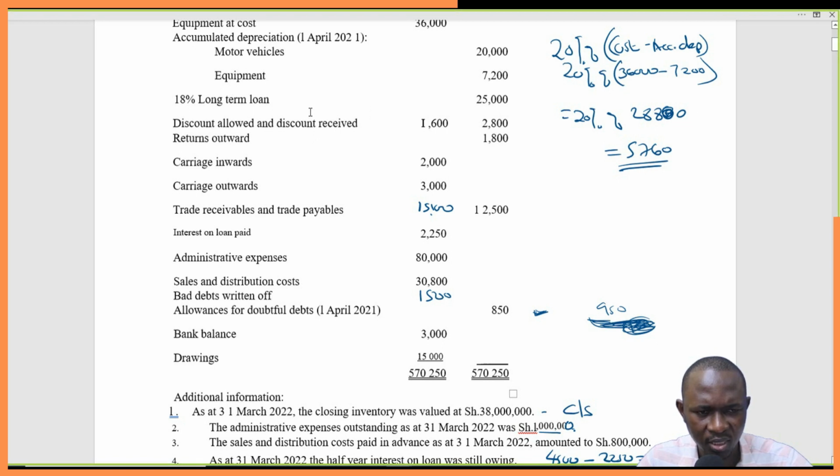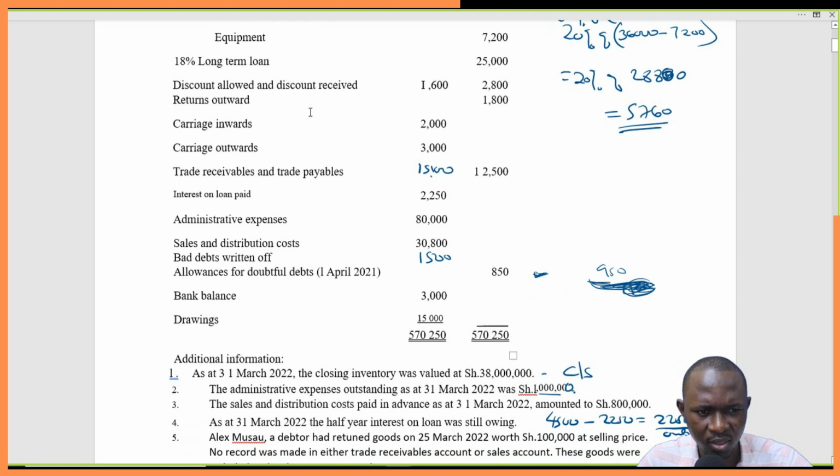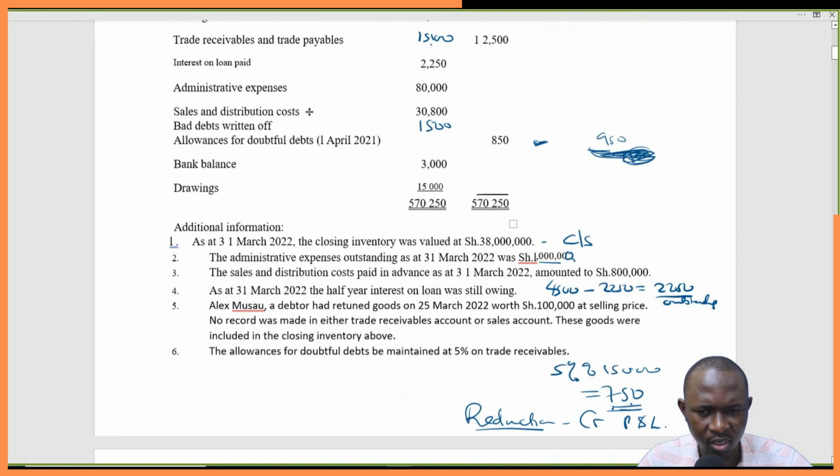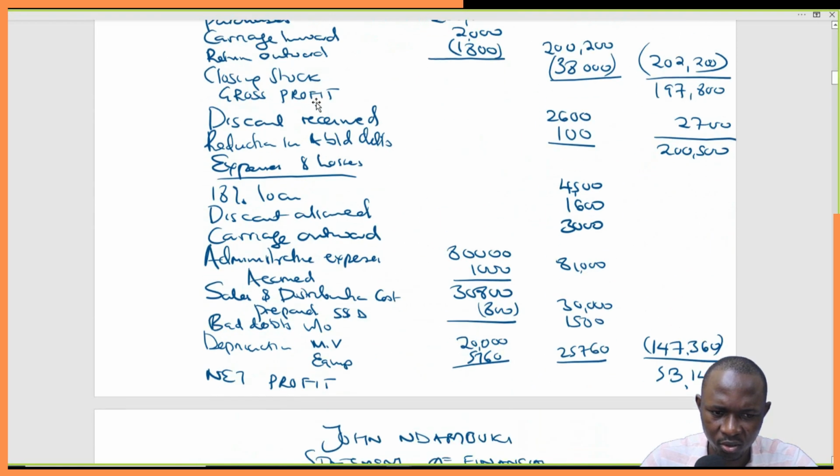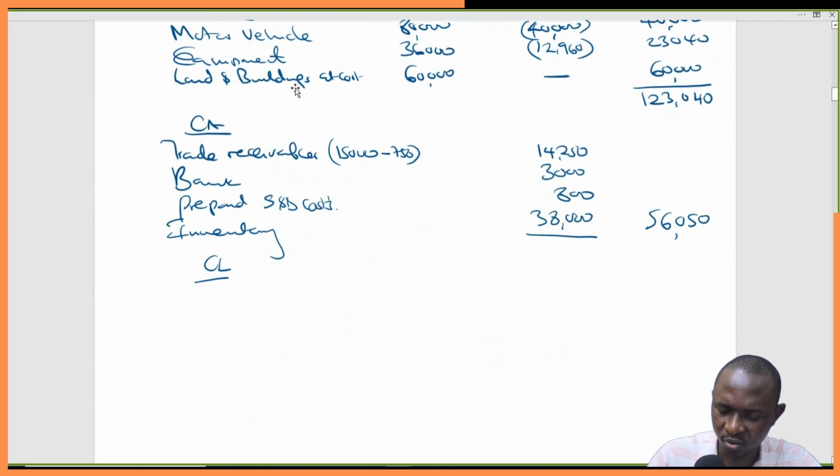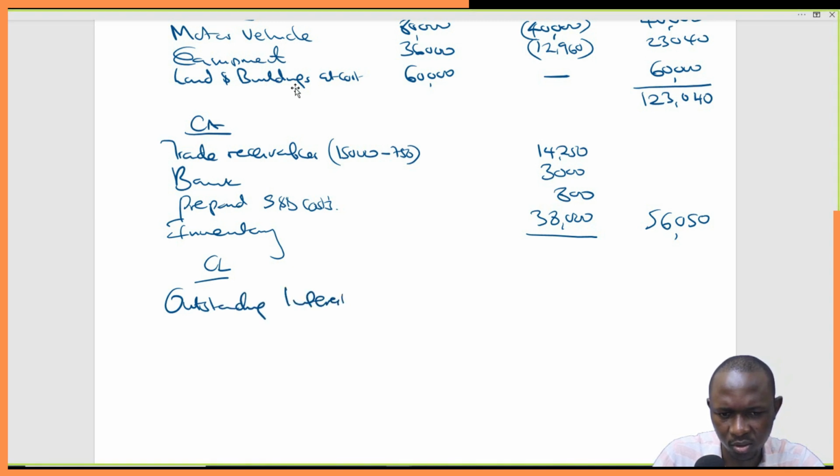So we have outstanding loan interest. I think we start from there. Outstanding loan interest, then trade payables, 12,500. Remember, it was 4,500 less the 2,250 that was paid, so we have 2,250.